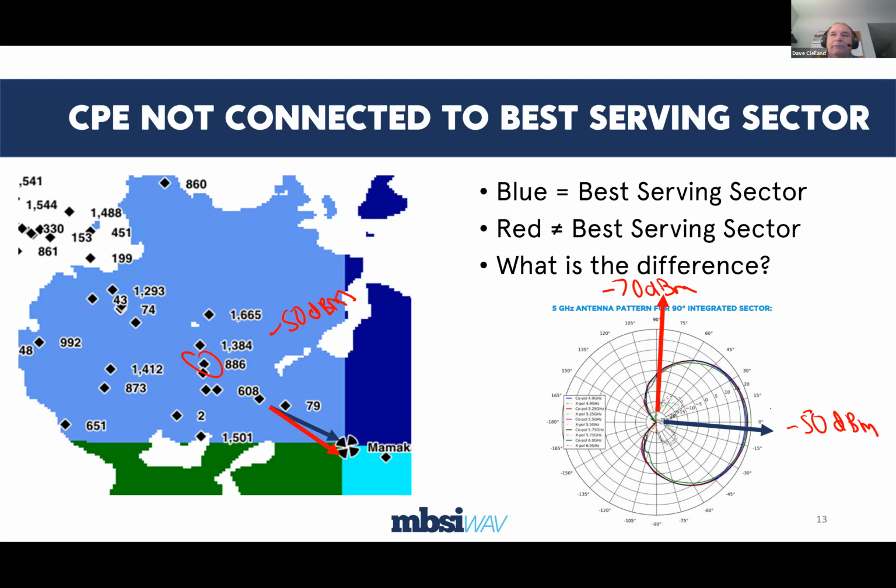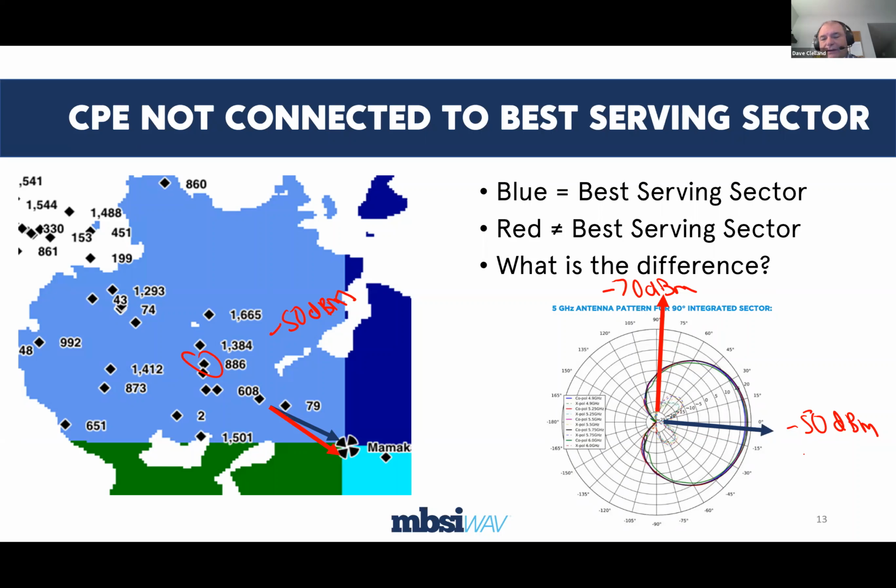So if this -50 here is generating, let's say, a 35 dB signal to noise ratio, just for kicks and giggles, then I would expect my transmit power at that point to be down at least that 35 dB or so from the maximum power of the CPE.